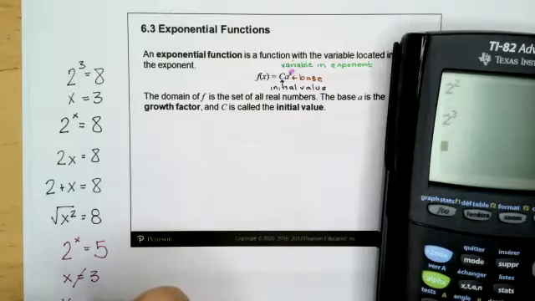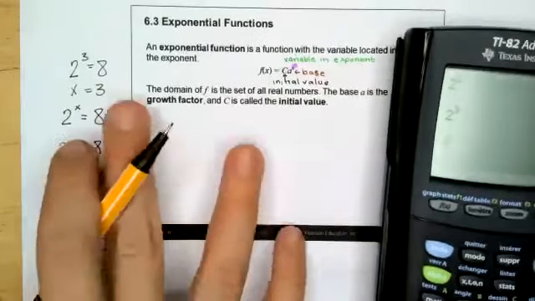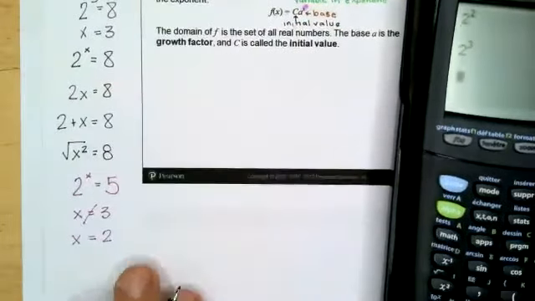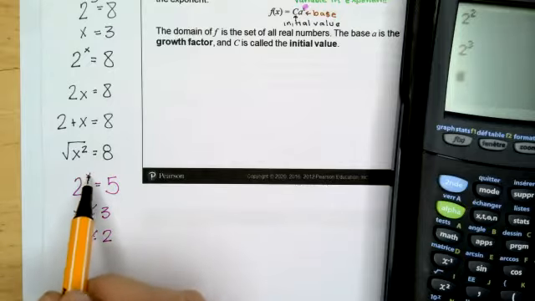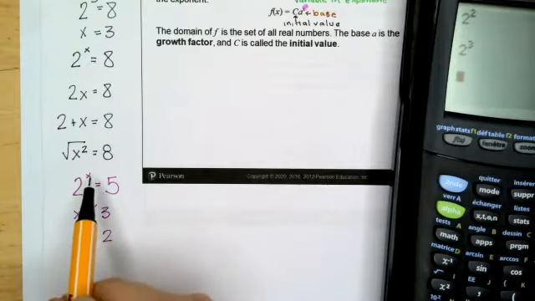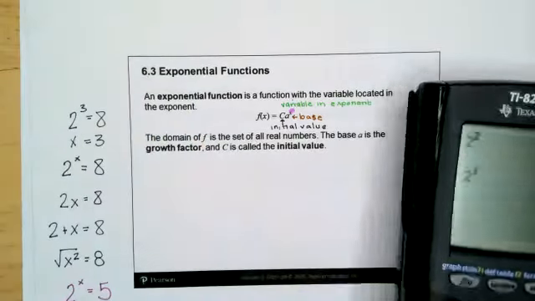Is it 2? No, because 2 to the power of 3 is 8, and 2 to the power of 2 is 4. So it's some number between 2 and 3, but we don't know where exactly, right? So today we're going to talk about how to find X if X is in the position of the exponent, and it's not a perfect answer, okay?